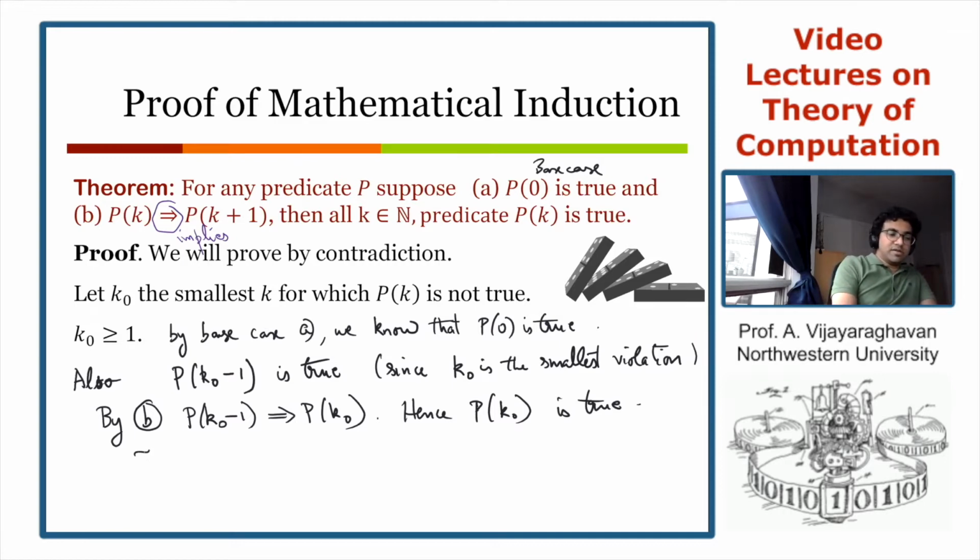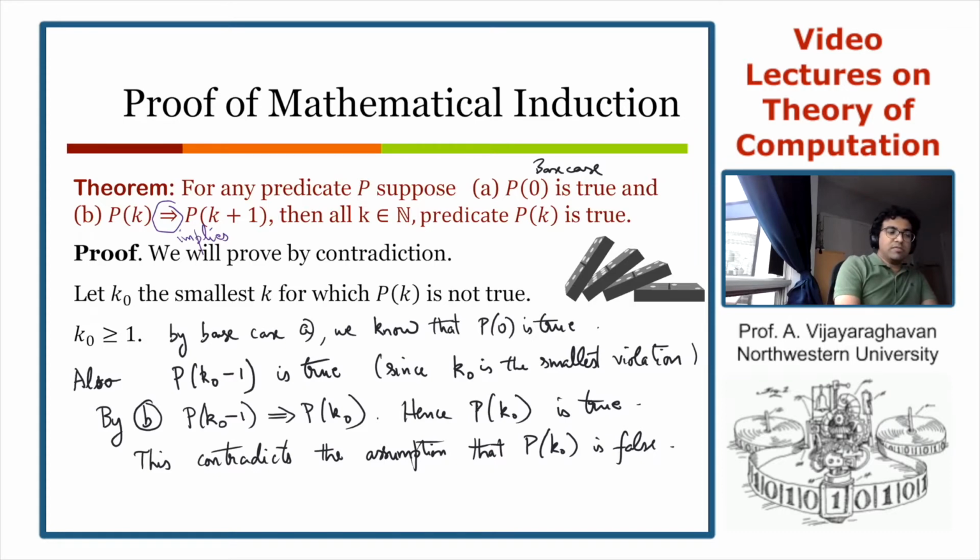So this contradicts the assumption that P of k naught is false. This is the assumption that k naught is the smallest k for which it's not true, and it contradicts this. Hence, P of k is true for all natural numbers.